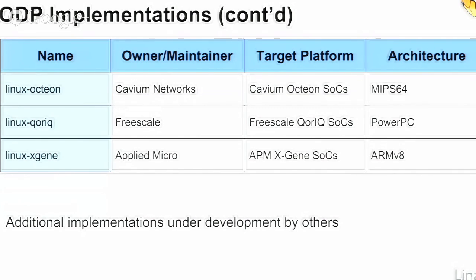Cavium has one for Octeon, which is MIPS64 based. Freescale has one for the QorIQ SoCs, and that's PowerPC based. And Applied Micro is working on one for their X-Gene processor, which is ARMv8. And we're also aware that there are other implementations being developed by others outside of LNG that are looking to participate in the larger ODP ecosystem.